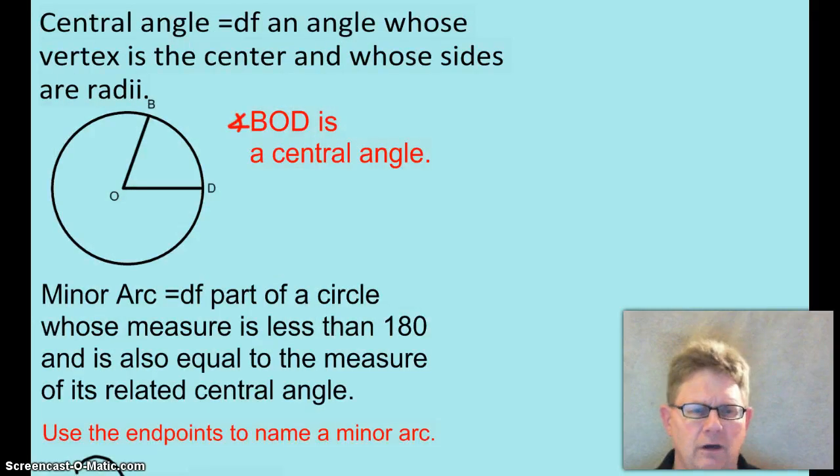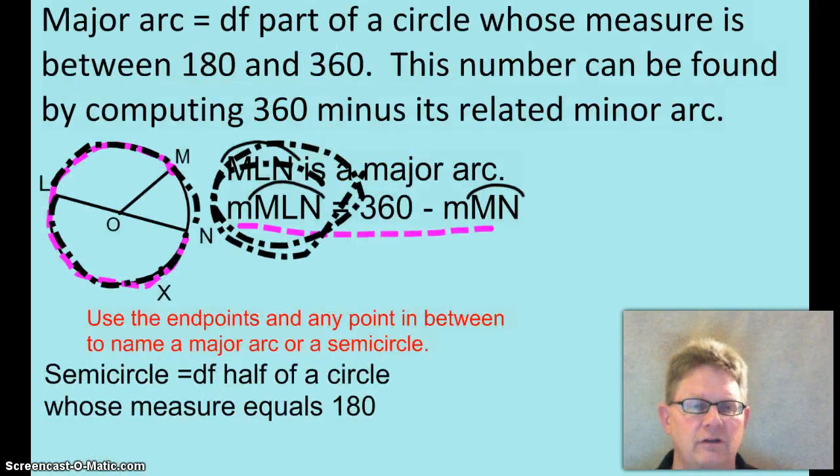Look at the minor arc; that's kind of like an acute angle. And then a major arc is kind of like an obtuse angle, but it's an arc instead. And a semicircle is kind of like a right angle, except everything is twice as big.